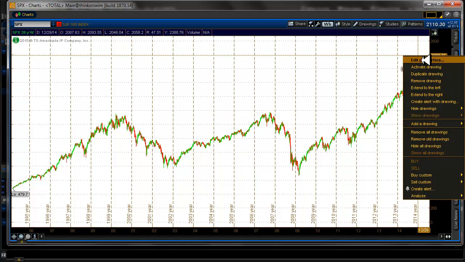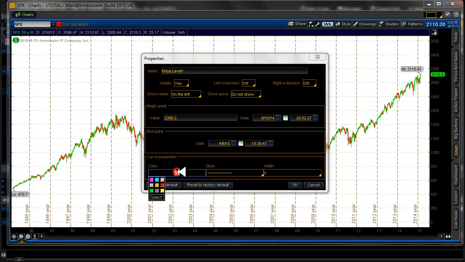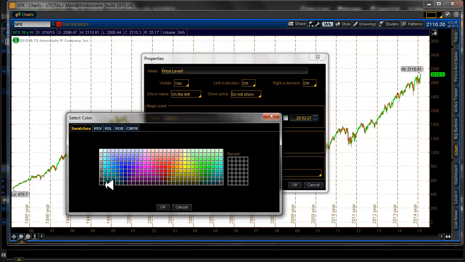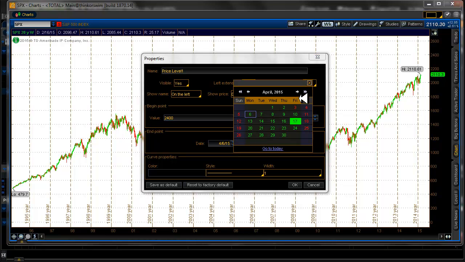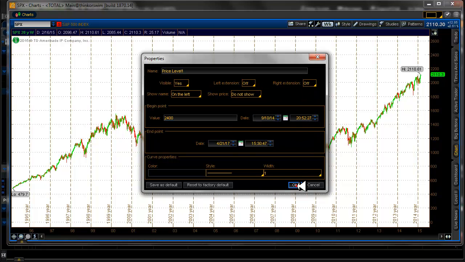Okay, so it happens to be a white line because that's my default. So I'm going to make it a black line. And we'll make sure that it's right at 2400. And let's run it out into infinity here. A couple of years. That's good.